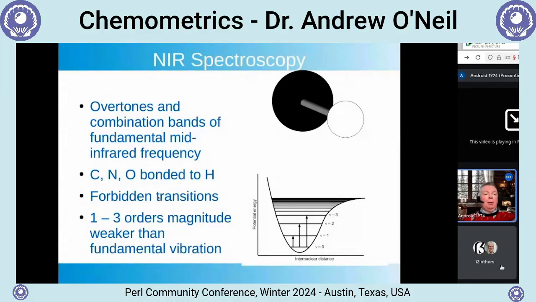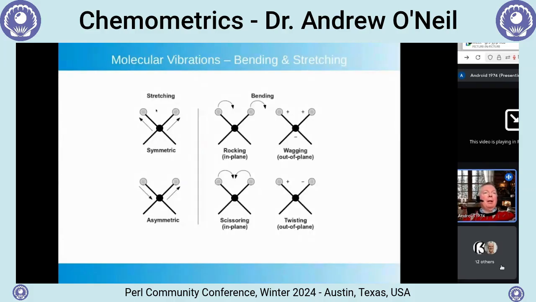These transitions are typically 1 to 3 orders of magnitude weaker than the fundamental vibrational frequencies that you get in traditional mid-infrared spectroscopy. Molecular vibrations themselves could be divided into 2 categories: stretching of bonds or the bending of bonds, so the changing of the angles in the bonds.